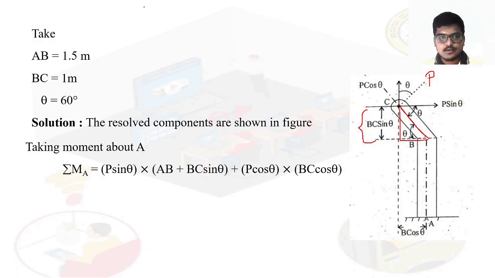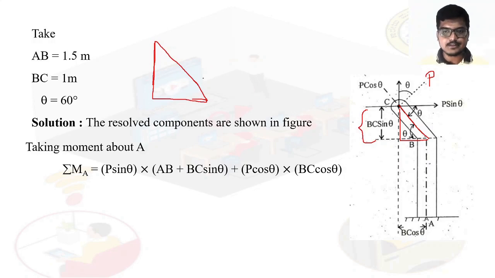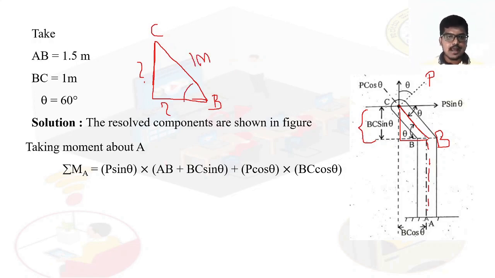See here, the question is like this. This triangle which I marked here, I am taking like this. If you have not understood, see here, the line AB. They have directly given the inclined distance, that is, this is B and this is C. We don't know the value of this, and this one we know, it is 1 meter, and we know the angle here, theta.